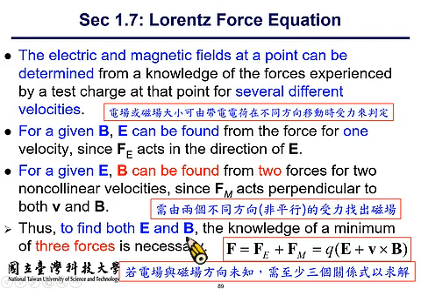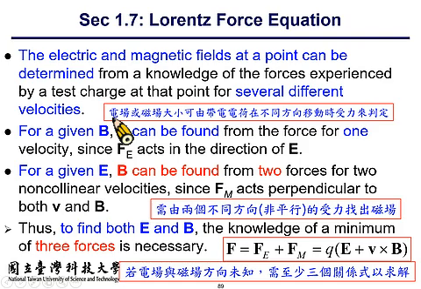The amount and the direction of the electric and magnetic field can be determined by some test charges, by injecting the test charge at different speeds or different directions.